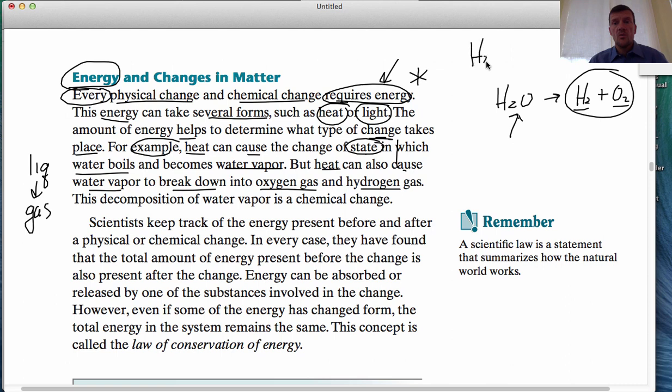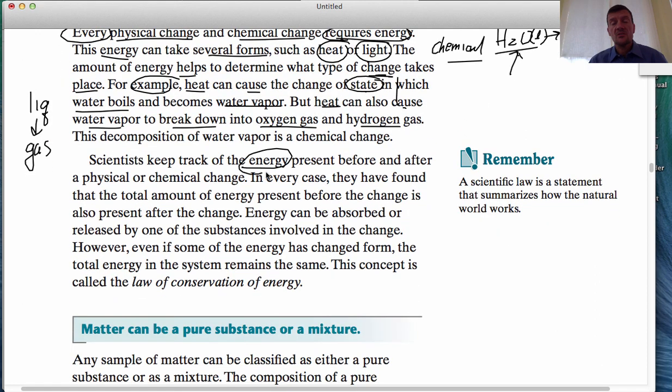So water going from liquid, that little L there means liquid, to water as a gas, that is simply a physical change. But it still is going to require energy to do that. To make water, liquid water let's say, turn into hydrogen gas, that's a G there for gas and a G there for oxygen gas, that is going to require energy as well. But this is a chemical change. Okay?